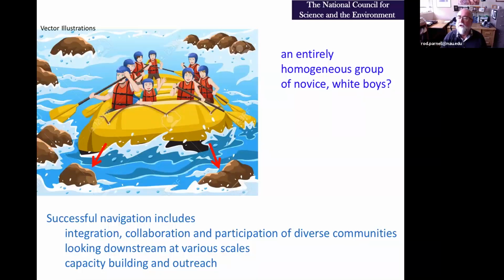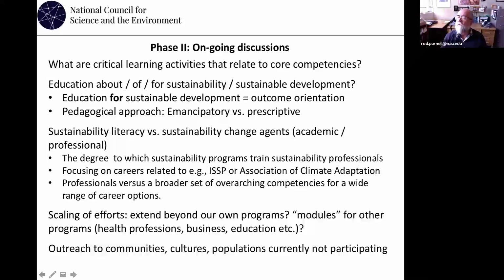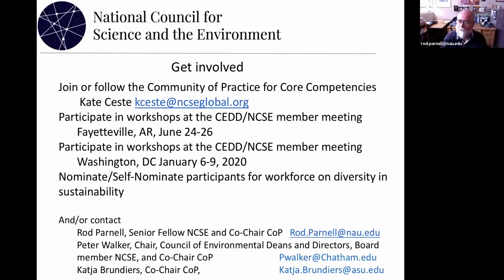So with that idea in mind, we have a number of ongoing discussions which you can take a look at. I hope you have your own ideas about additional discussions and directions that we might want to take this consensus statement effort. And I hope that we can hear from you, both with respect to chats and also with respect to engagement with the National Council for Science and the Environment, which is an institutional organization.